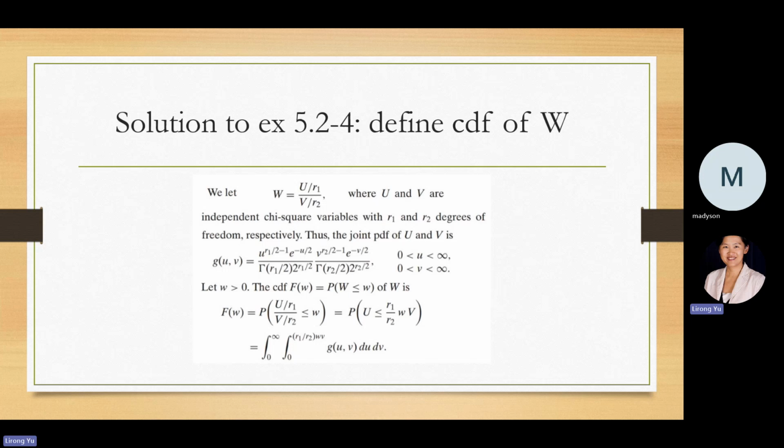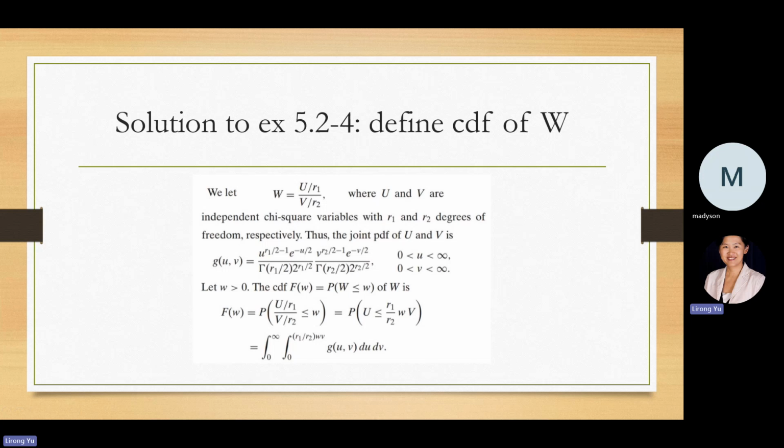So we have e to the variable over theta, which is 2, and here we have the variable to the alpha minus 1, where alpha is R1 over 2. V is the same thing, just replacing R1 by R2. And then the multiplication of them will be the joint density. That is exactly how we multiply two chi-square distributions to give out the joint density.